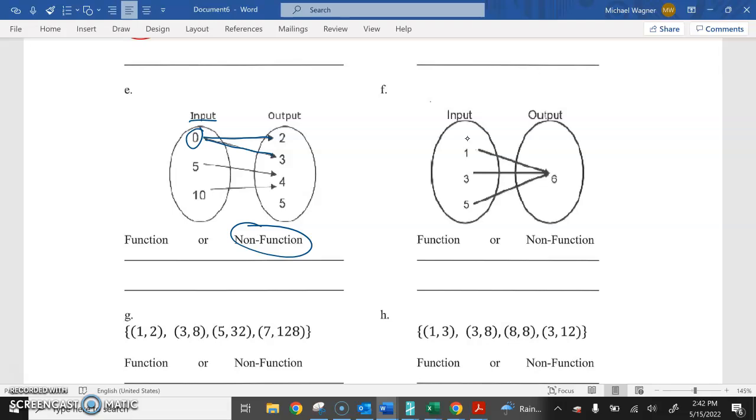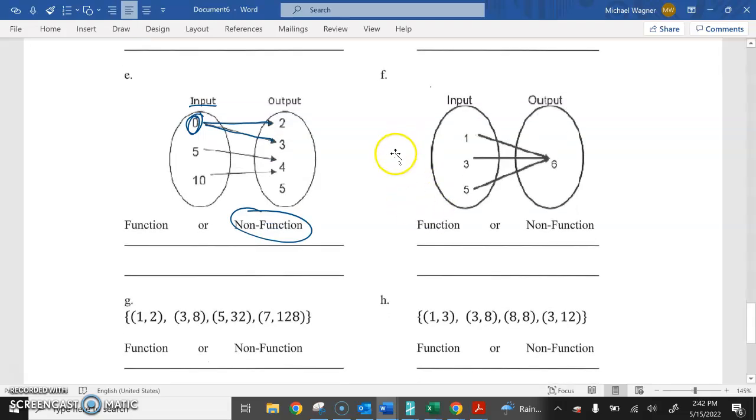It's only supposed to have one output value associated with it. 5, it only has one output associated with it. 4, same with 10. Now you may say, wait a minute, what about the 4? Doesn't that show that it's not a function either because there's two x values associated with it? No, that's fine. There's no problem there. Again, the problem is every input value should only have one output value associated with it.